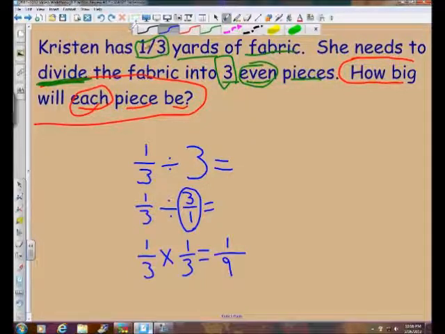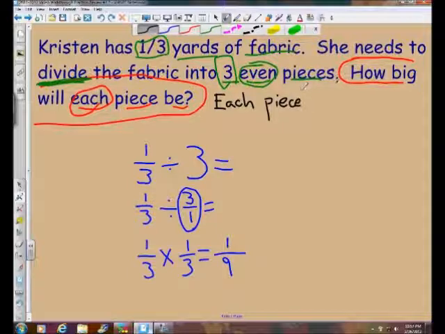So we started off with 1/3 yards of fabric, and each piece would be, so let's write that down. Each piece will be 1/9 of a yard.